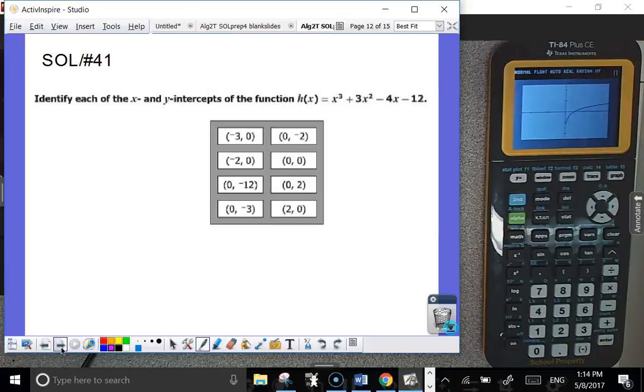What is the value of x at the y-intercept? Again, something you should know easily. What is the value of x on the y-axis? That's not what I'm asking at this moment. I'm saying, what is the value of x on the y-axis?